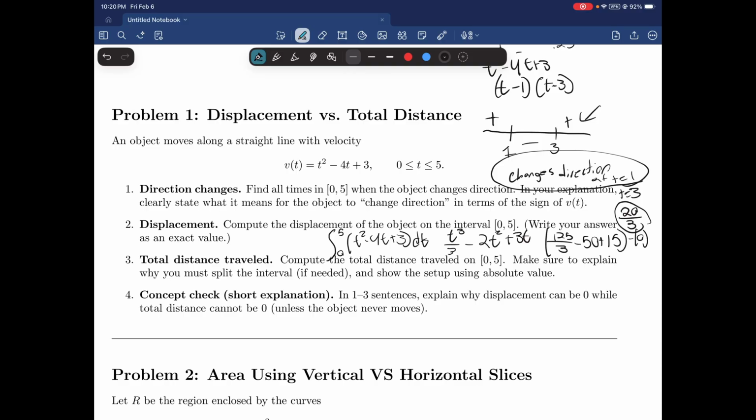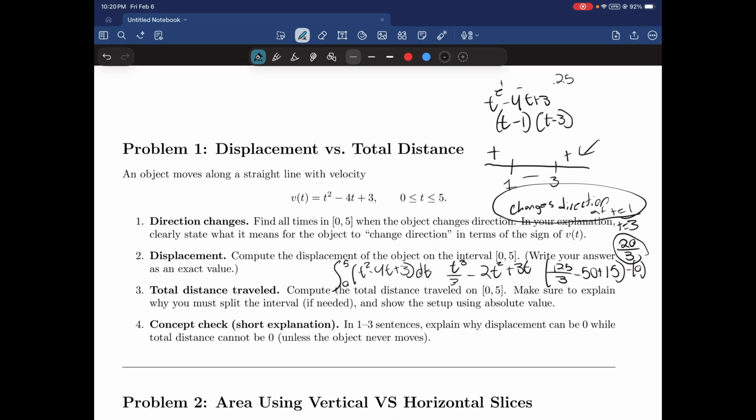Let's get rid of this real quick, because we already know that. And we'll do number 3 up here. So the total distance can't be the integral of velocity. I think it'd be the integral of the absolute value.